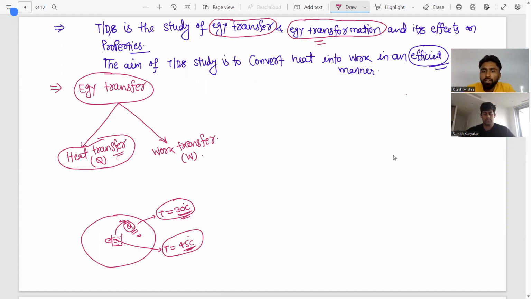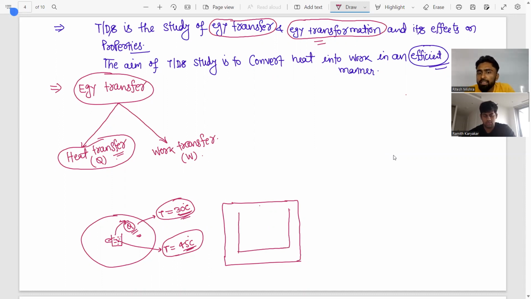But suppose this is your room, and a container is placed in the room, approximately equal to the size of the room, and some hot water is placed in this container.